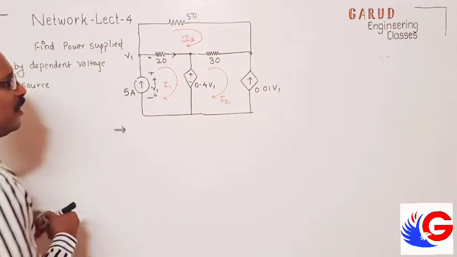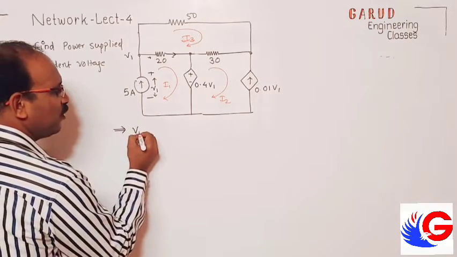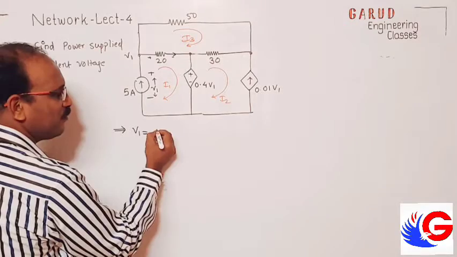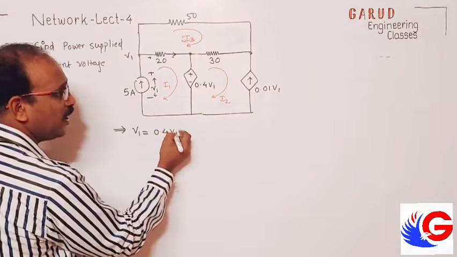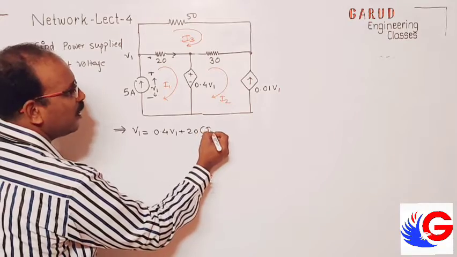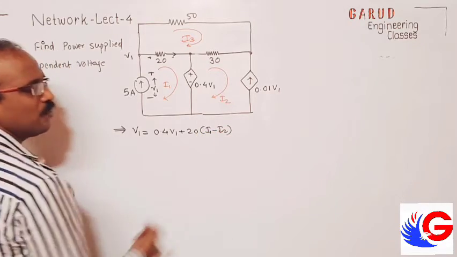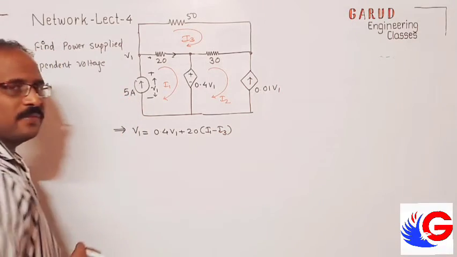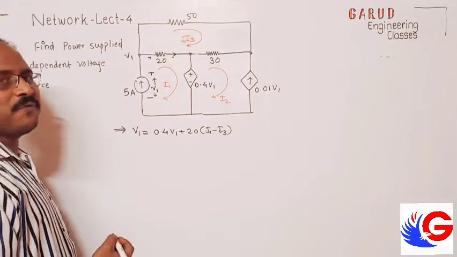So V1 equals this voltage, 0.4 V1, plus 20 I1 minus I2. Sorry, this is I1 minus I3.